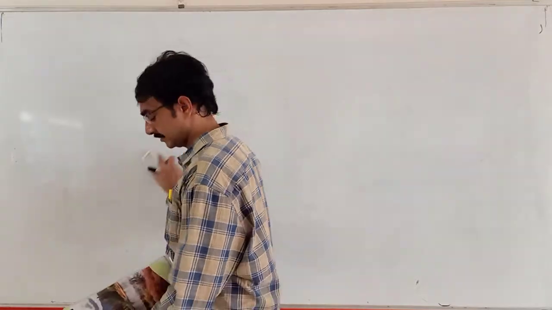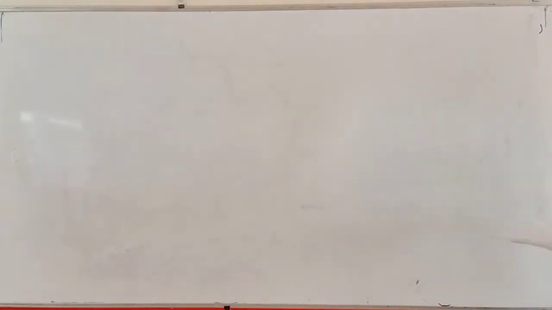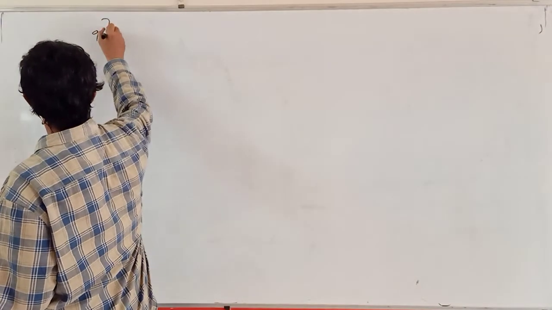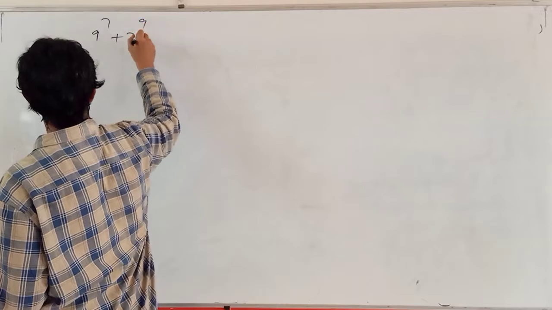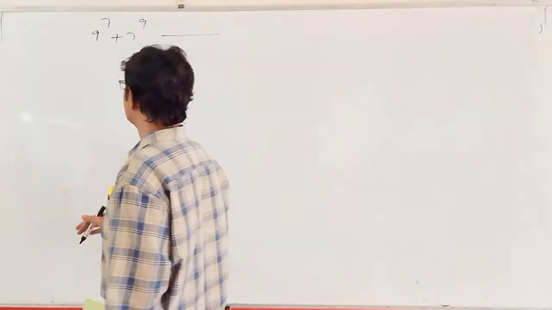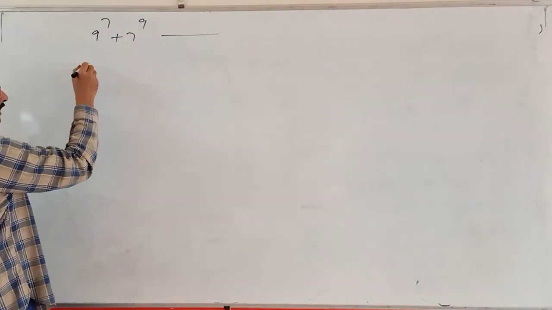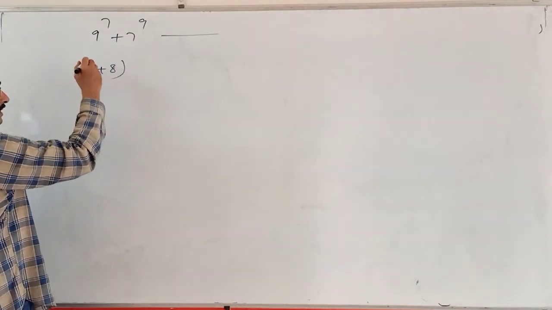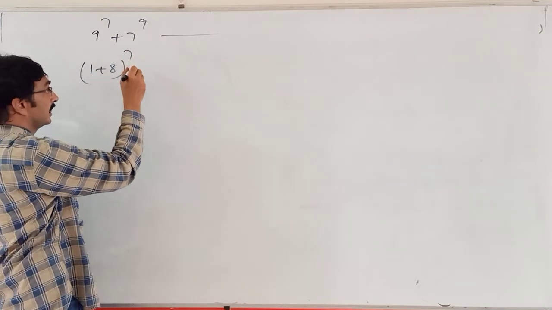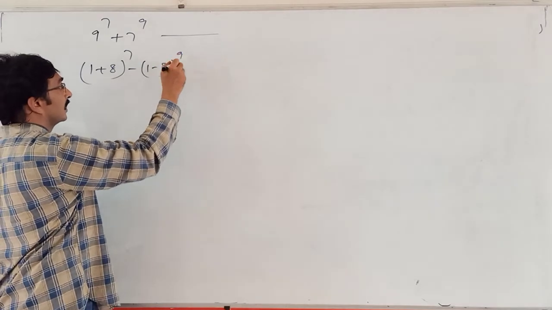A similar problem. See, 9 power 7 plus 7 power 9 is divisible by what? 9 can be expressed as 1 plus 8 whole power 7, and 7 can be expressed as minus of 1 minus 8 whole power 9.